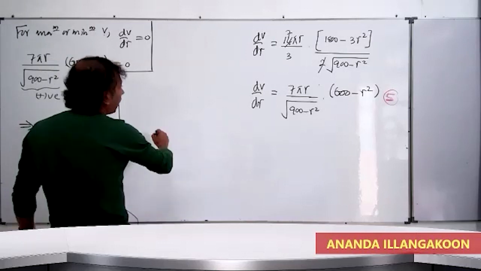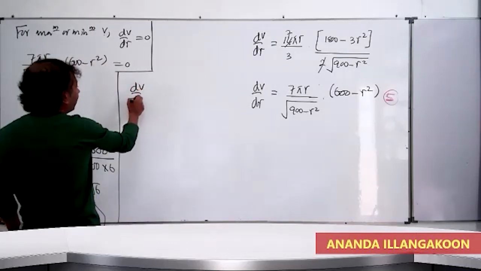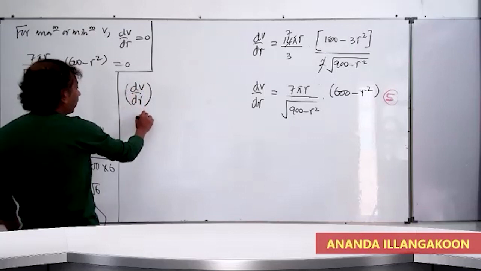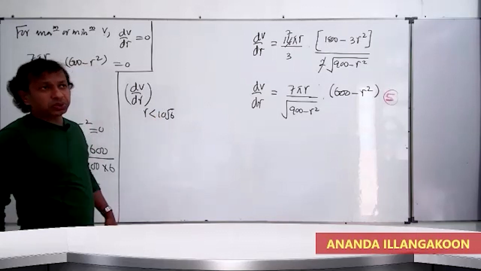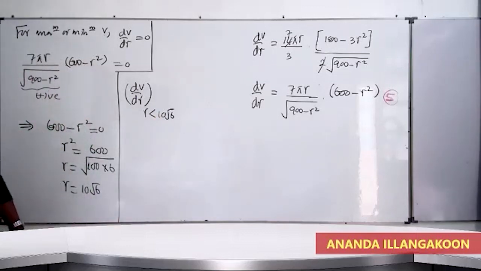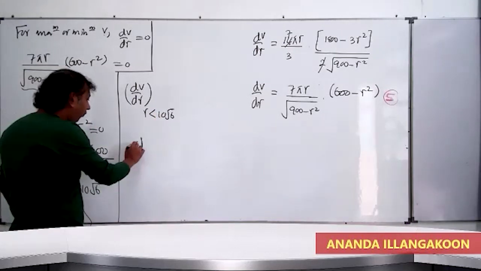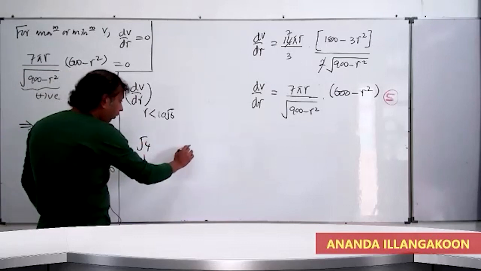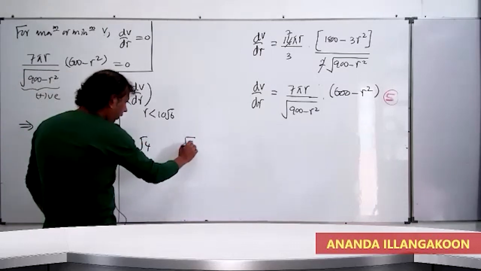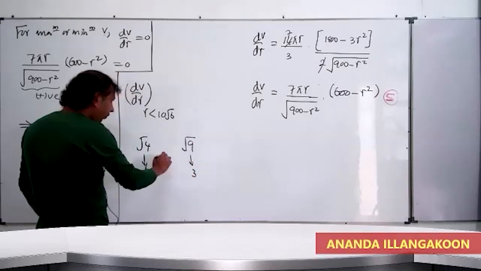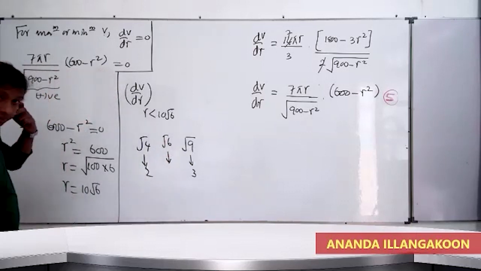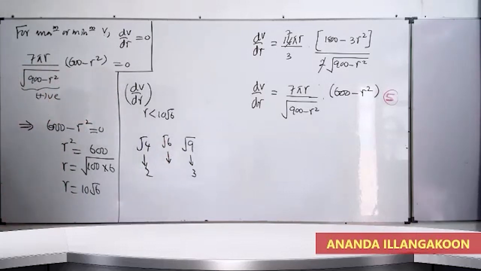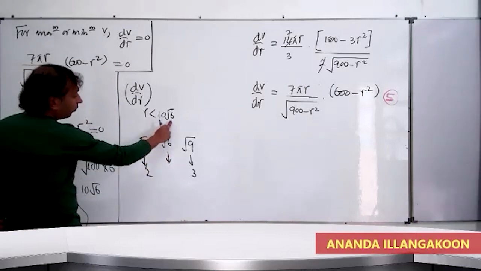Then there we get dv by dr for r less than 10 root 6. Root 4 is 2, root 9 is 3, so root 6 comes between 2 and 3. Suppose this root 6 is 2.5.